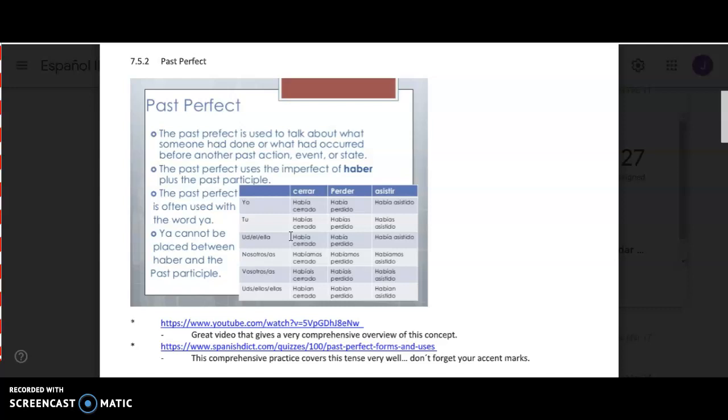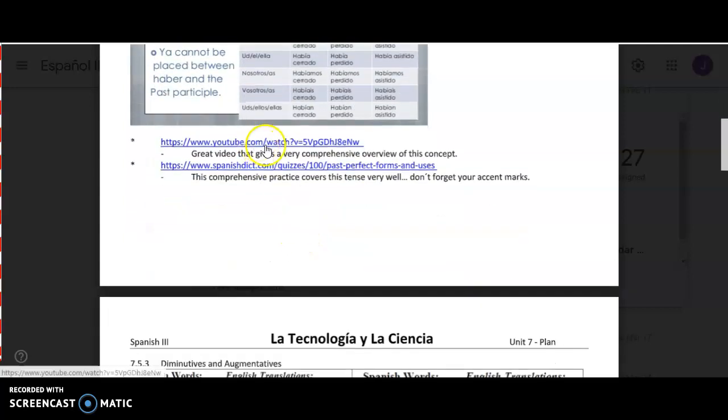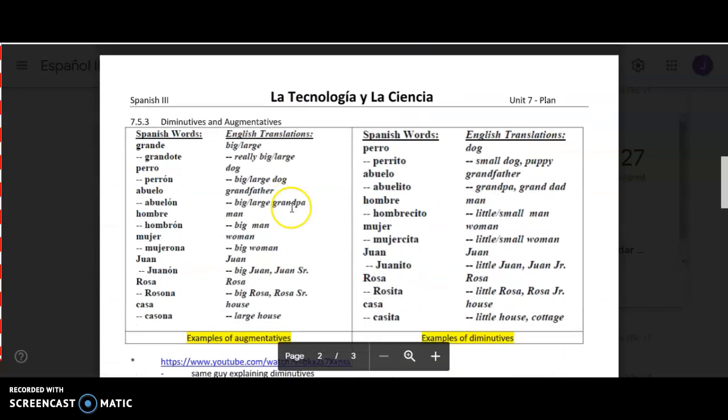And I just use went, which is simple past, because that was the second of the 2 past tenses. Now you might want to watch a YouTube video on how past perfect works in English to better understand how past perfect works when you're speaking Spanish. And you have a video here of how it works in Spanish, and then a quiz.